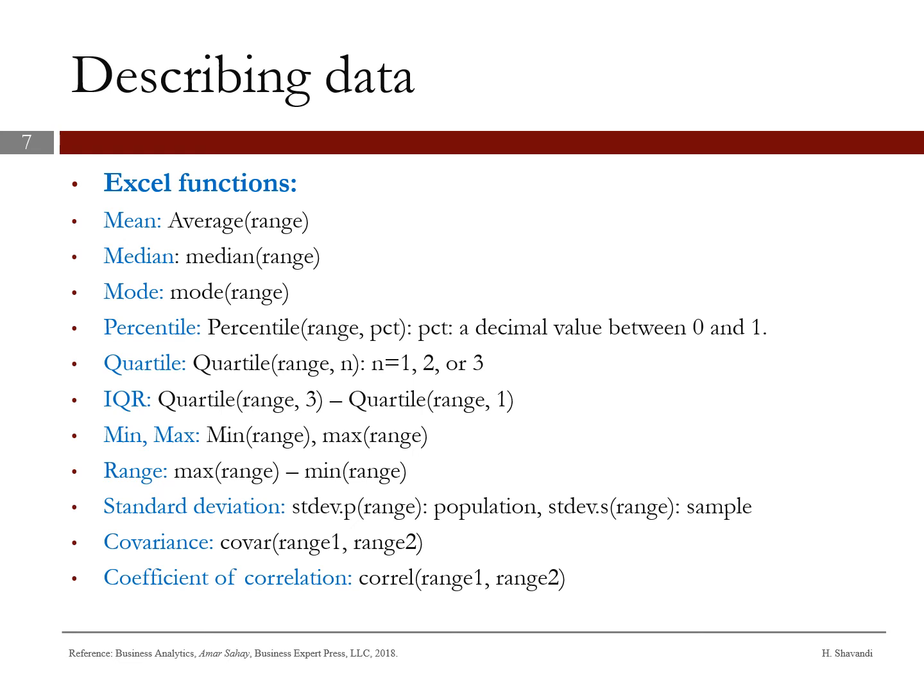In this slide, the functions in Excel for calculating mean, median, and so on. I mean, all the measures that we had so far: the mode, percentile, quartile, IQR, min, max, range, standard deviation, covariance, and coefficient of correlation. You can use these functions in Excel for any data set to obtain these measures.